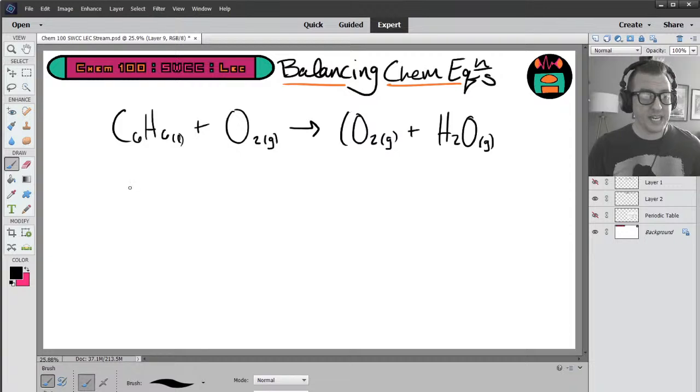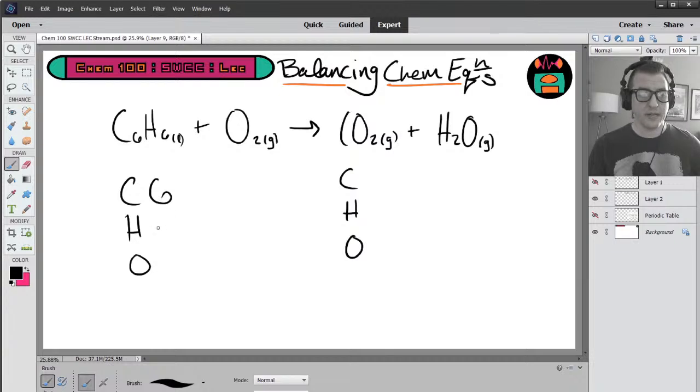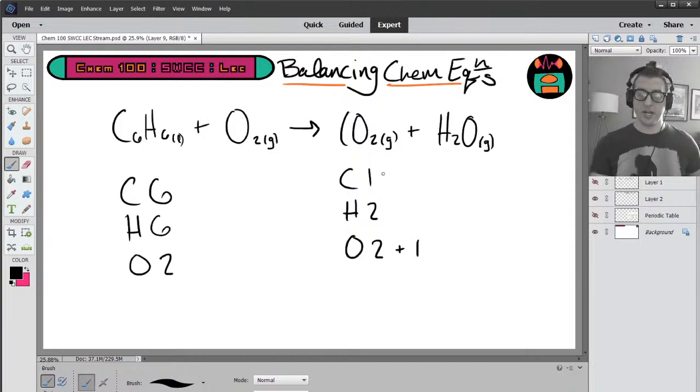We're going to start by taking an inventory. We have carbon, hydrogen, and oxygen on both sides of this equation. On our reactant side, we have 6 carbon, 6 hydrogen, 2 oxygen. On the product side, we have 1 carbon, 2 hydrogen, and then 2 plus 1 oxygen. Again, I'm keeping the oxygen atoms coming from CO2 separate from the oxygen atoms coming from H2O.